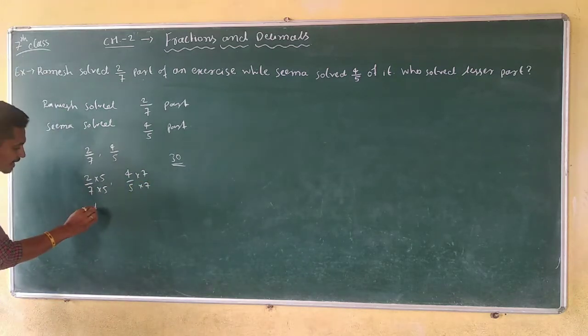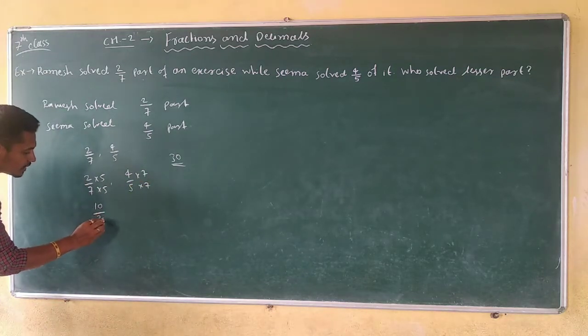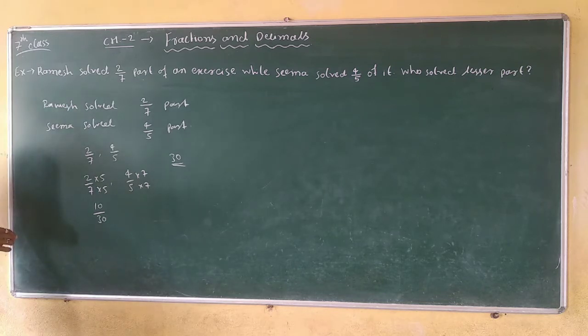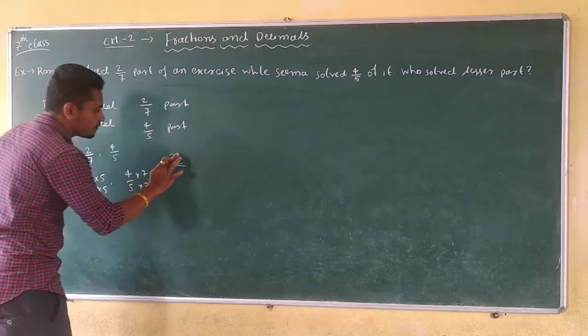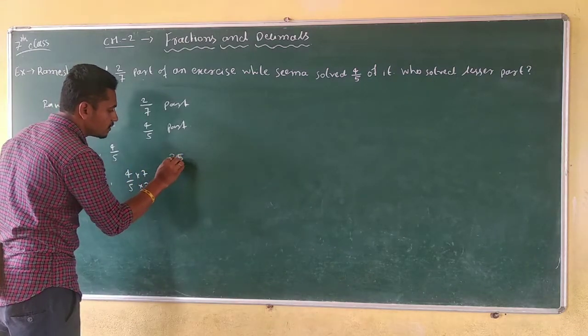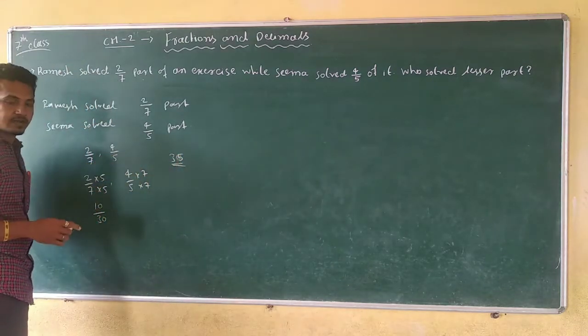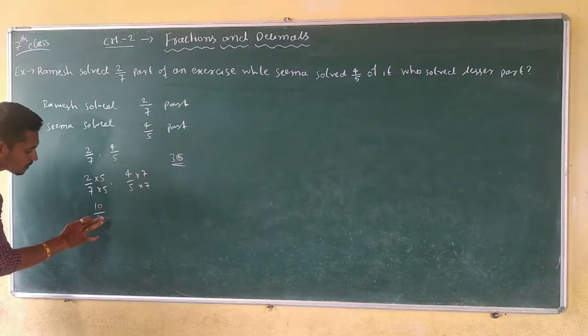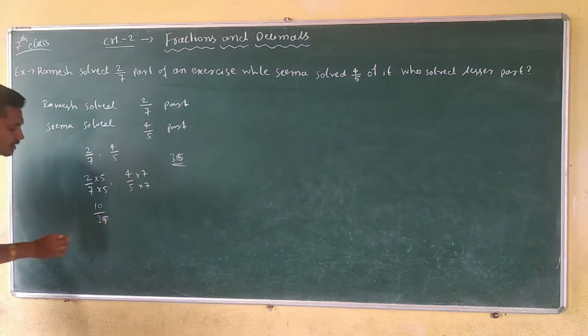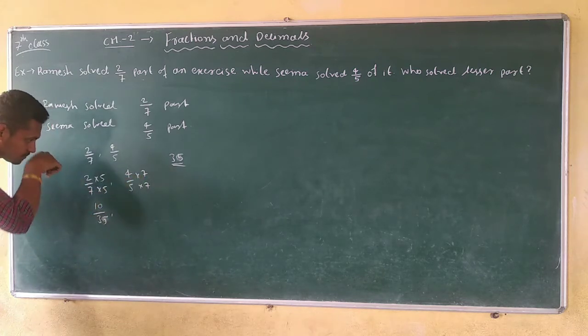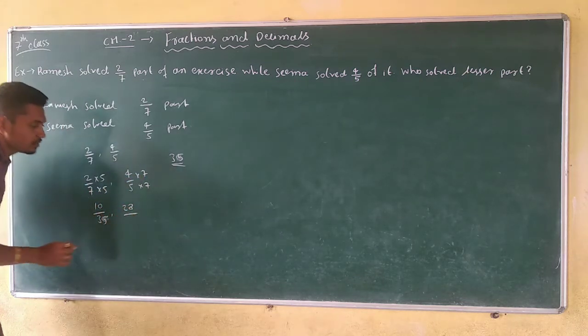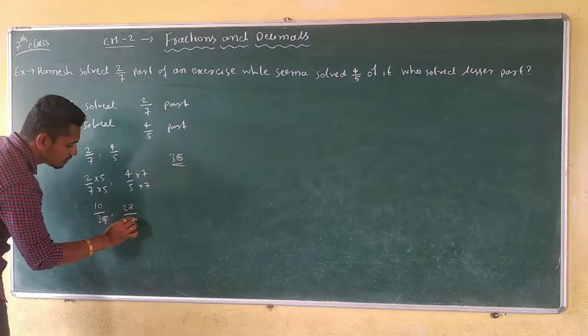Next, 2 5s are 10 divided by 35. Here 35, not 30. 7 5s are 35. Next, 4 7s are 28. Next, 5 7s are 35.